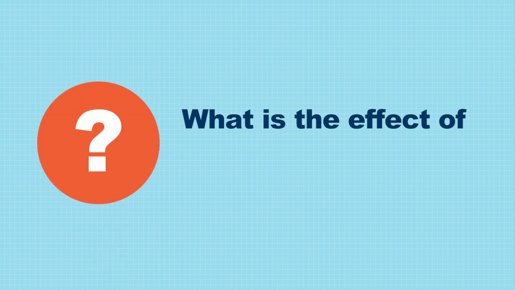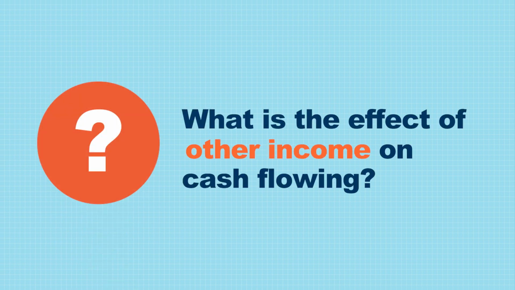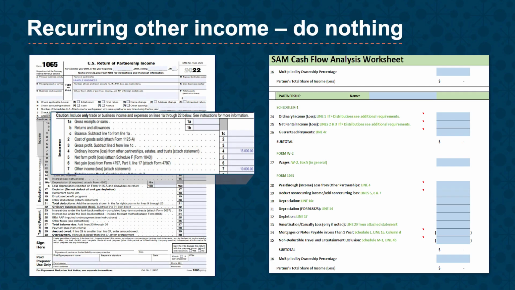What is the effect of other income on cash flowing? If you encounter other income that you determine to be recurring, the effect on cash flowing is nothing. The income is already included in the total income and will remain as is.